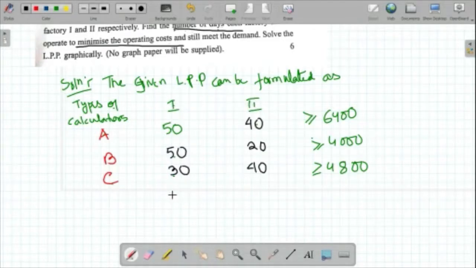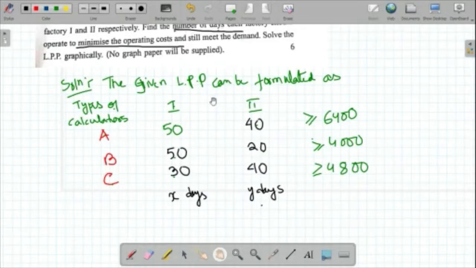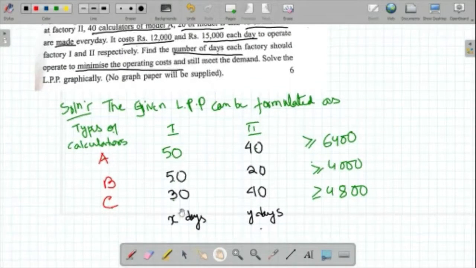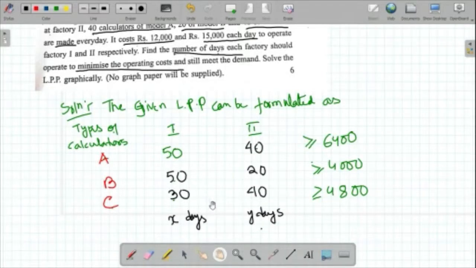Let's say factory 1 works for X days and factory 2 works for Y days. That means we have to find X and Y so that the operating cost is minimized.